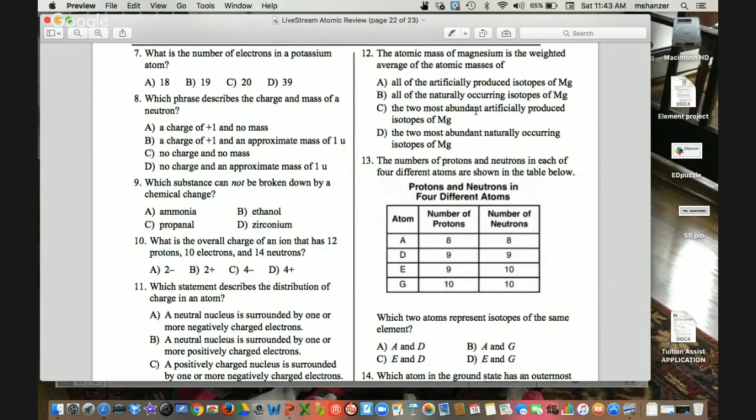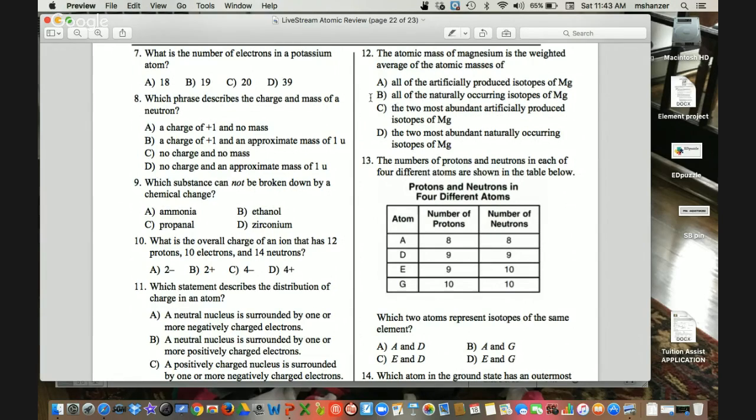The 2 most abundant artificially produced isotopes of magnesium, no, because just by saying the 2, we're limiting, we don't know how many isotopes there are, and the 2 most abundant naturally occurring isotopes of magnesium. It's not about artificial, because that's a nuclear situation. It's always about what's found in nature. So choice B would be the correct answer.